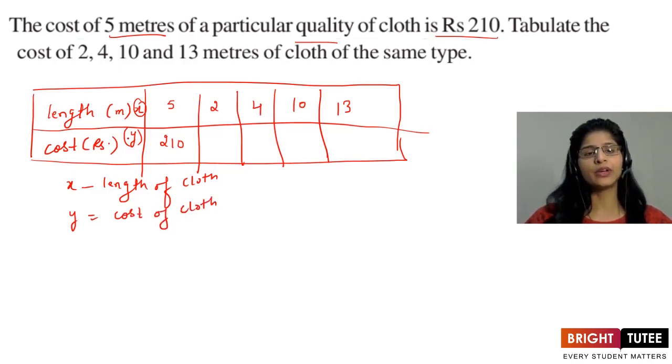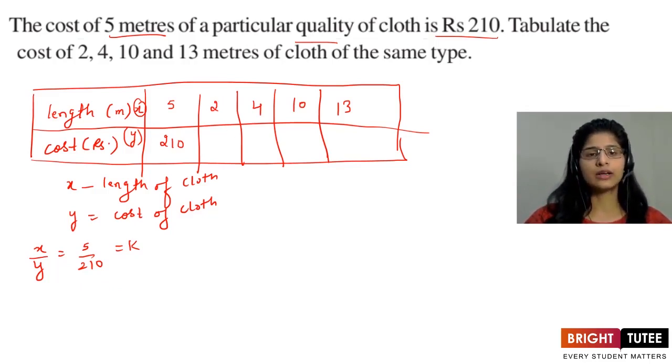Now we know the cost of 5 meters of cloth is 210. So let us find the ratio x upon y. What does it give us? 5 upon 210. You can simply solve it also and directly keep it like this. So this is our k, the constant of proportionality, and we know when we increase the length, definitely the cost will increase. So this is a question of direct proportion.